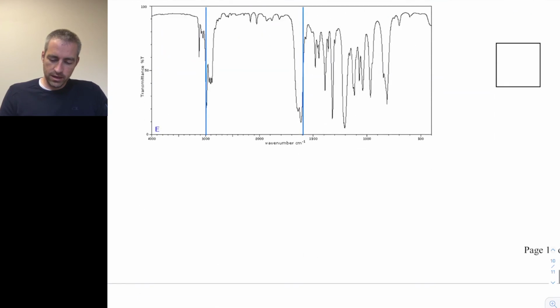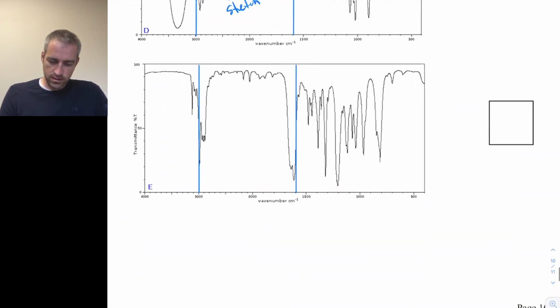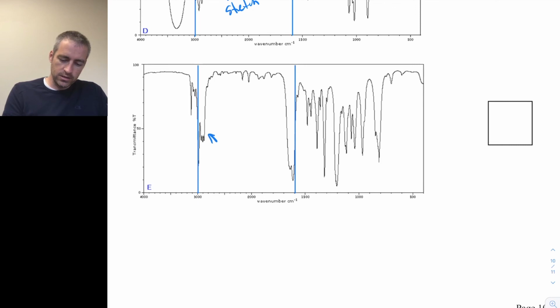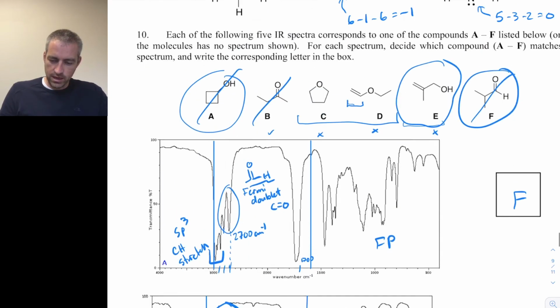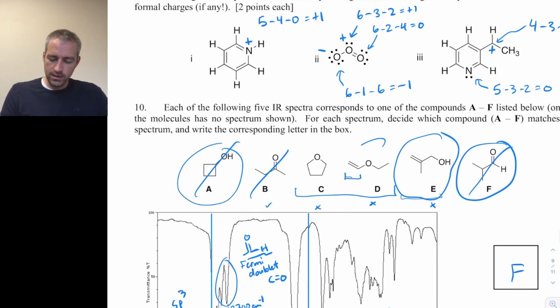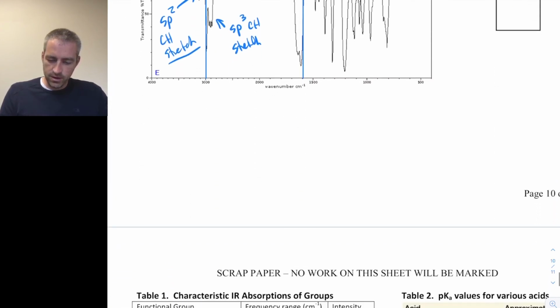Right away, looking at this last one, you can see there are sp3 CH stretches, and you can see an sp2 CH stretch. So this has evidence of single bonds and double bonds with hydrogens on them, which would seem to rule out C, making D the more obvious choice. Let's see what else we have here.